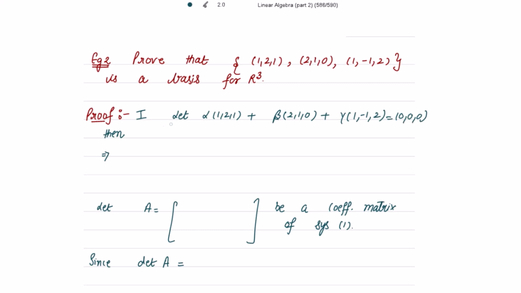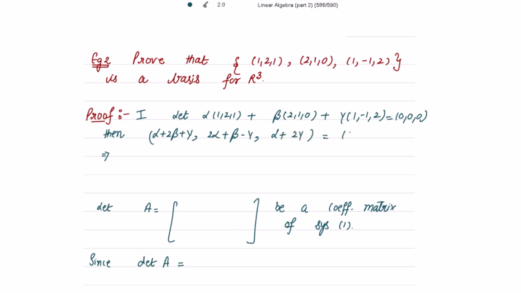Fine. So let me add these vectors. Here I get alpha plus 2 beta plus gamma, and then 2 alpha plus beta minus gamma, and then alpha, beta is 0. If you multiply beta with 0, you get 0, and here it is plus 2 gamma.